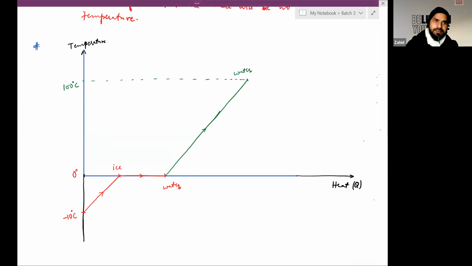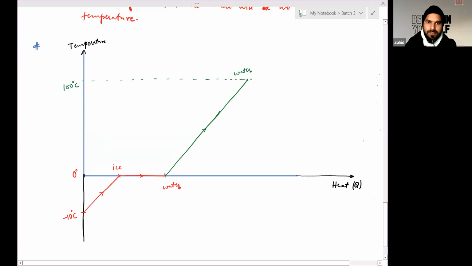Now on further heating, the state of water will start changing to vapor at the same temperature, 100 degrees Celsius. At this point, the amount of heat supplied to the system is utilized in breaking of bonds, so there will be no rise or fall in temperature of the liquid.